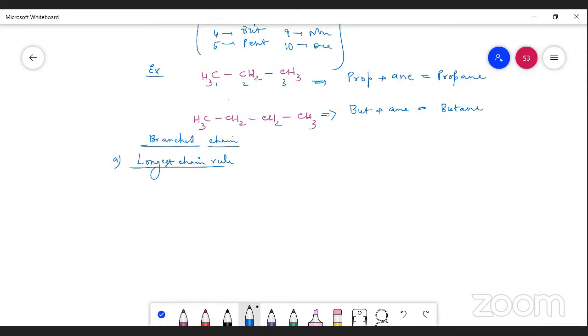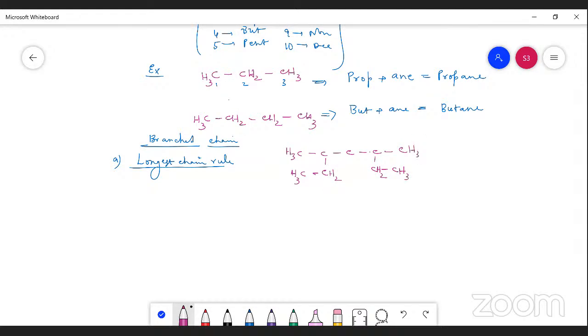According to the longest chain rule, if the compound has branches, for example, you take this example, a compound they have taken.